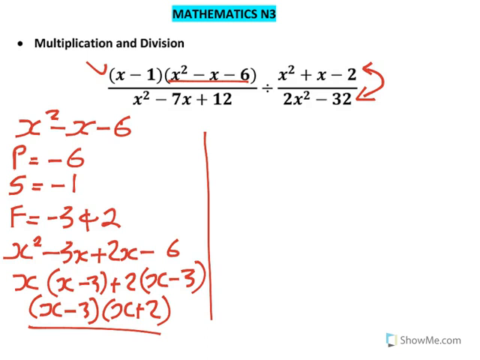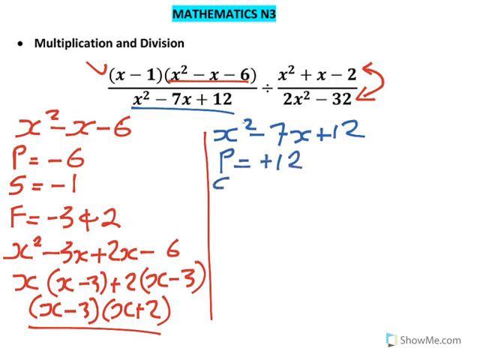We've done that. What about the bottom one? Look at the bottom one. X squared minus 7x plus 12. Again, the product is plus 12 and the sum is minus 7. The factors, if you look at this, will be minus 4 and minus 3. I'm doing it fast, but you can always pause this so that you can look at the factors.